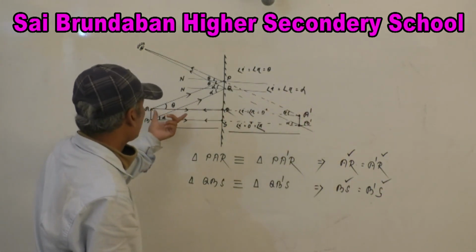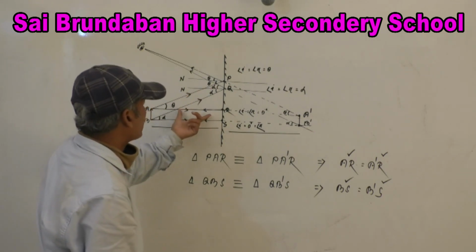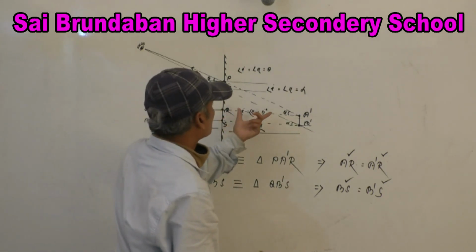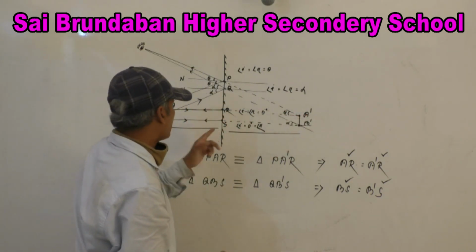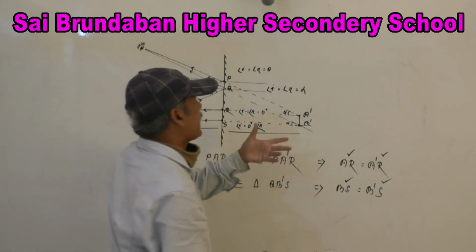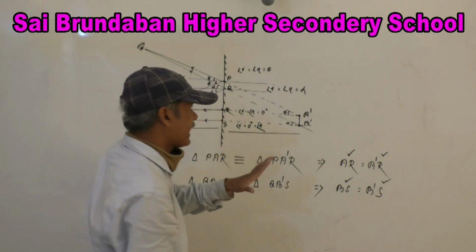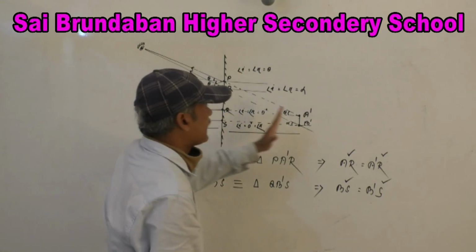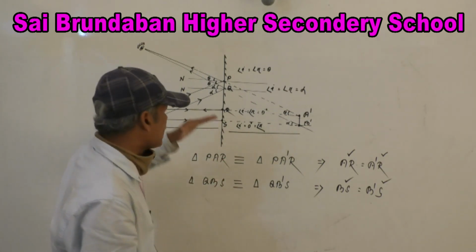The distance of A from the plane mirror is the same as the distance of A dash from the same plane mirror. The distance of B from the plane mirror is the same as the distance of B dash from the plane mirror. Hence, AB and A dash B dash are both situated at the same distance from the plane mirror.